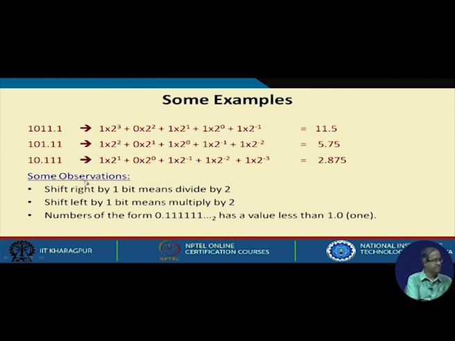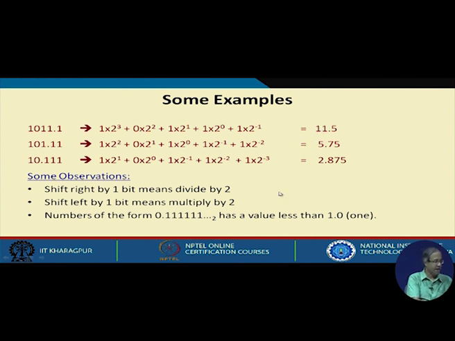So, if you move the radix point to the left, it will mean divide by 2. If you move the point to the right, it will mean multiply by 2.